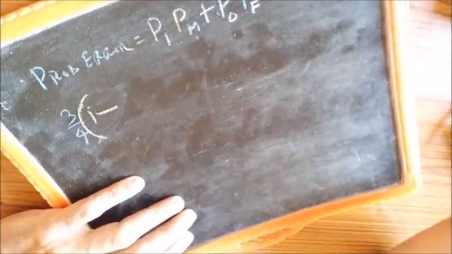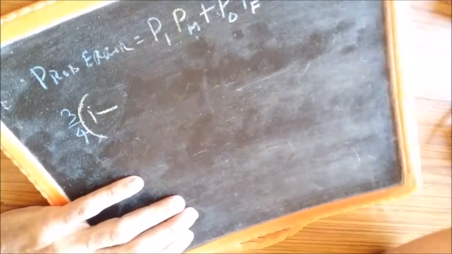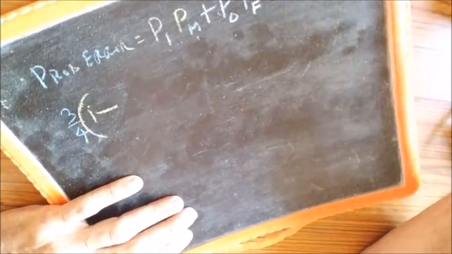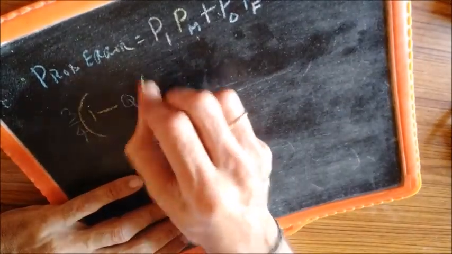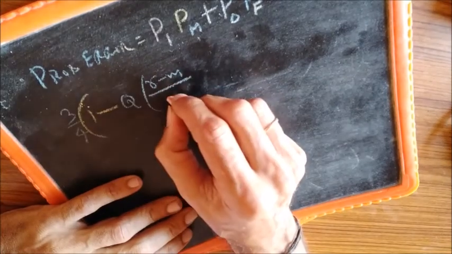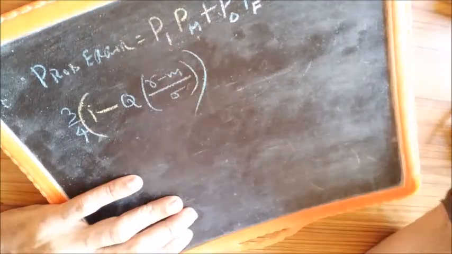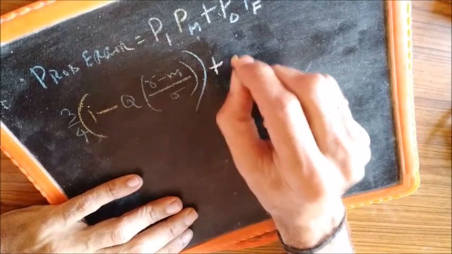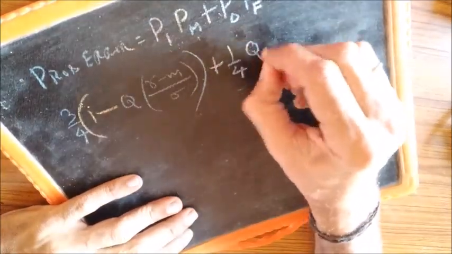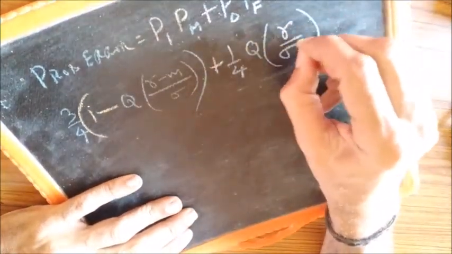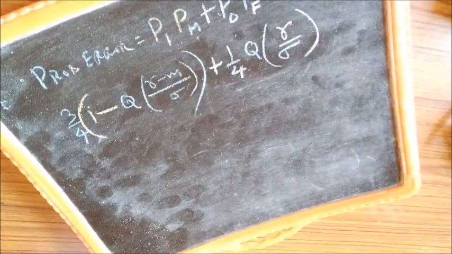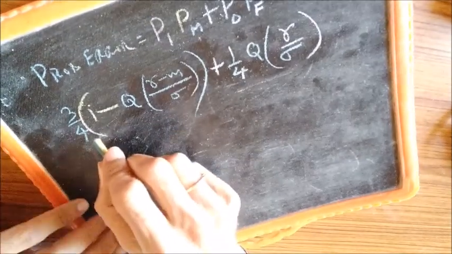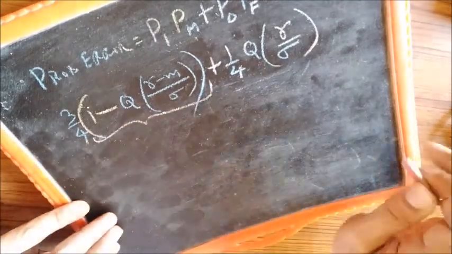The probability of detection was found a short while ago to be Q of gamma minus m by sigma. Plus P0, which is 1 by 4, times the probability of false alarm, which was this. So this is the probability of error. Now we can write this in a more elegant form.